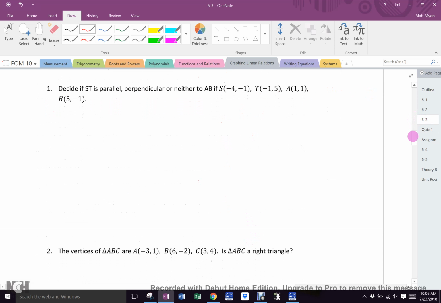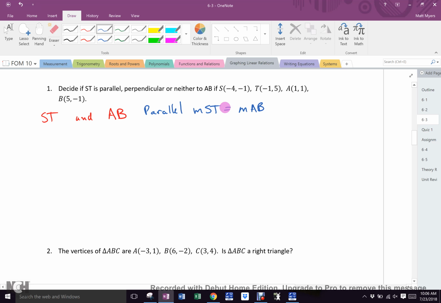So here I have 2 lines. I have ST and AB. All right? If they are parallel, then what do I know about the slope of ST and the slope of AB? If they're parallel, what's going there? Equals.